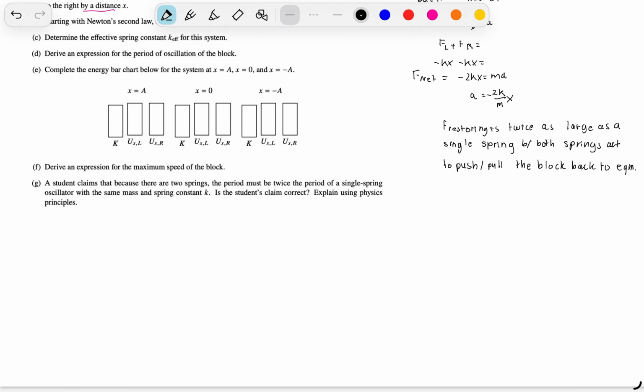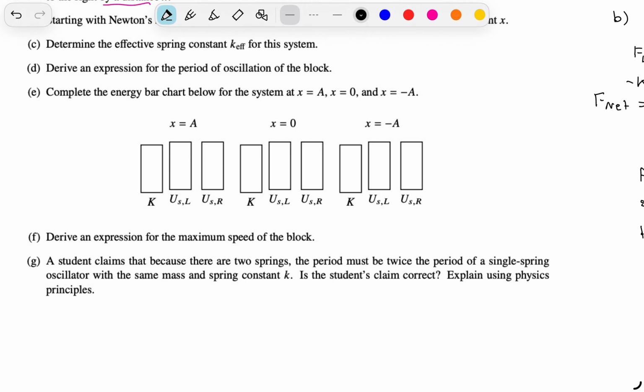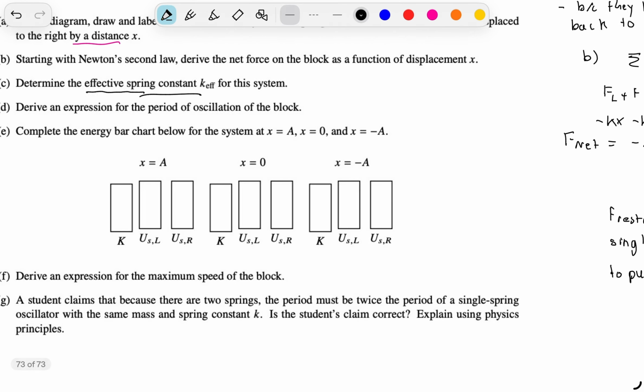For part C, we want to complete the energy bar chart for the spring. We want to determine the spring constant k effective for this system.